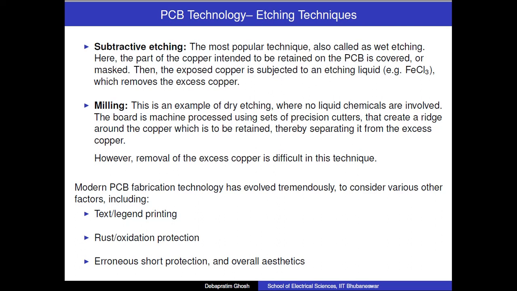Modern PCB technology provides techniques to prevent rust. Also, during the PCB fabrication process, there could be some inadvertent short circuit between two tracks which are not supposed to be short circuited, so testing is also incorporated by most PCB manufacturers. Overall, the technology gives you an option to make your PCB look very good and identify things in the circuit very easily.